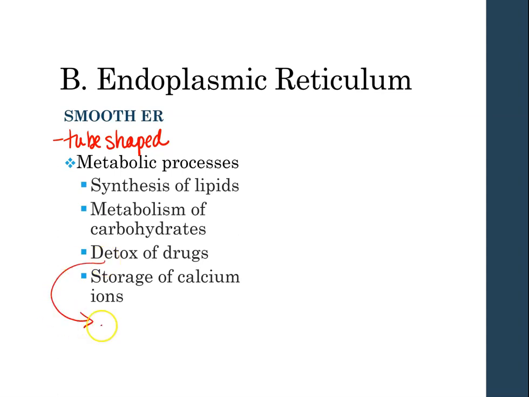A little piece of interesting knowledge: the liver, which is important in the breakdown of alcohol, is high in smooth ER because it's breaking down a lot of those chemicals that are not supposed to be in the cell. The smooth ER also does some storage activities, including storage of calcium ions.